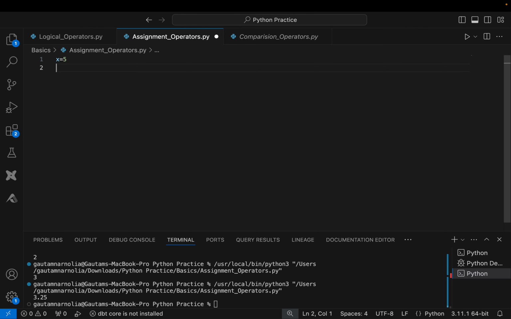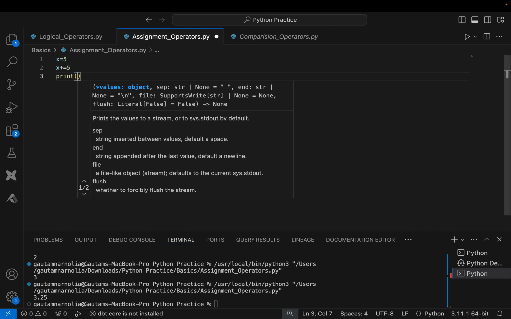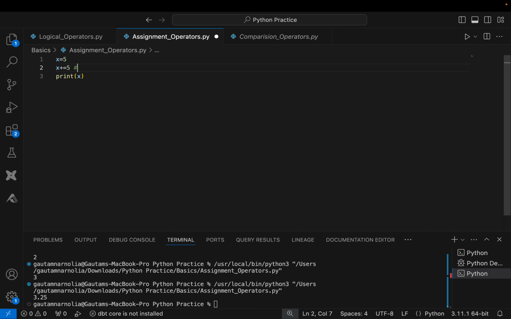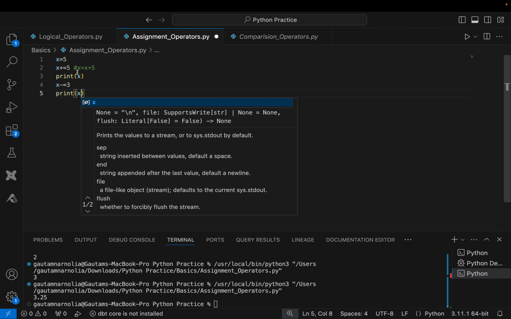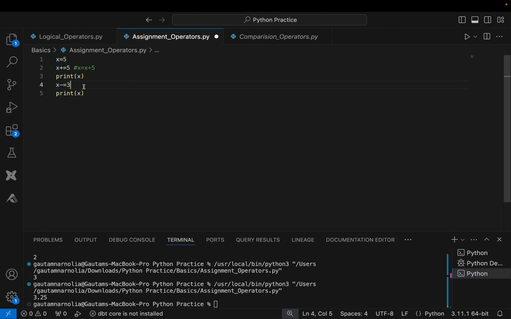Next, let's say x += 5. What does it mean? x = x + 5. Then we have x -= 3, which means x = x - 3.